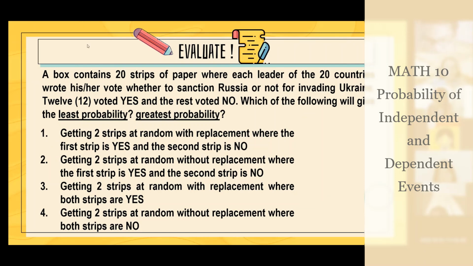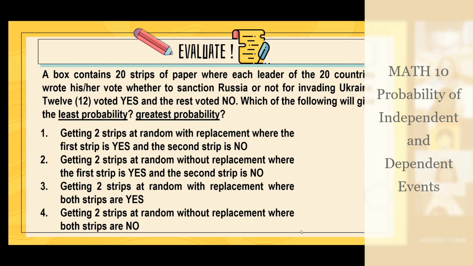Okay, I can see answers now. Thank you. Now, focus to the question. For you to answer the question, you have to find the probability one by one. Now, which of the following will give the least probability? Can I ask Diana, which of the following, what number? The least or the lowest probability? 4 po. Okay, number 4.